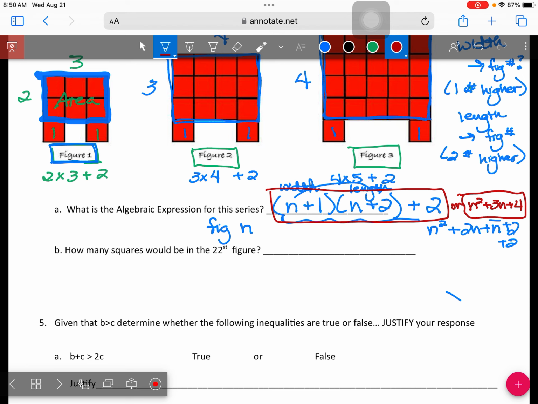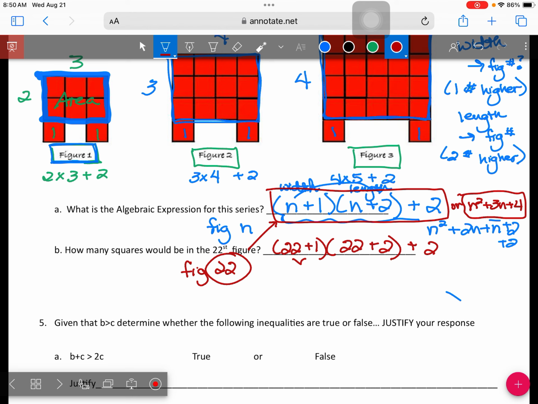So then they ask how many squares or how many tiles are in the 22nd figure? Well, that would be figure 22, right? So substitute 22 in for your n. And you have to go back to the expression. So this would be 22 plus 1 times 22 plus 2 plus 2.